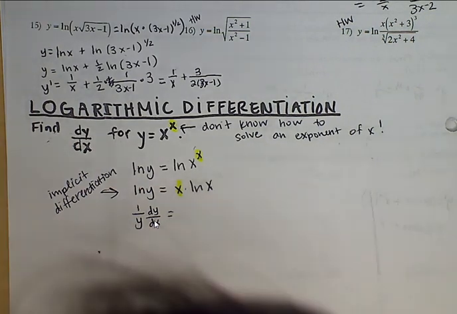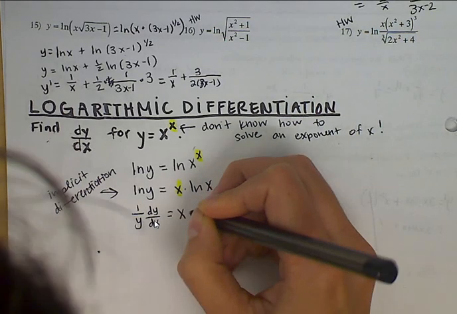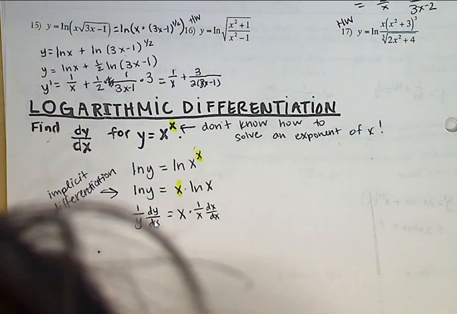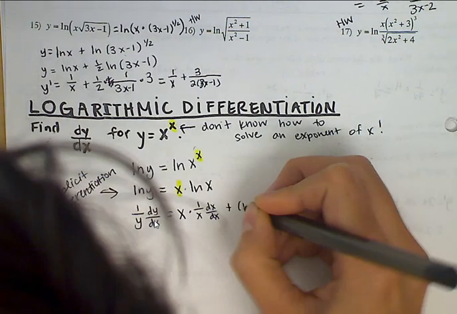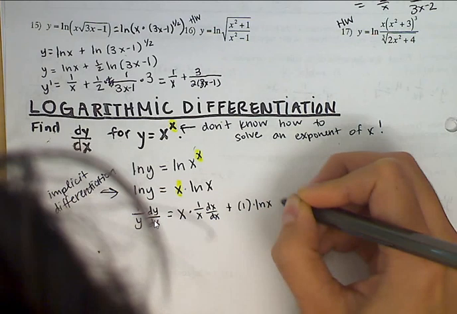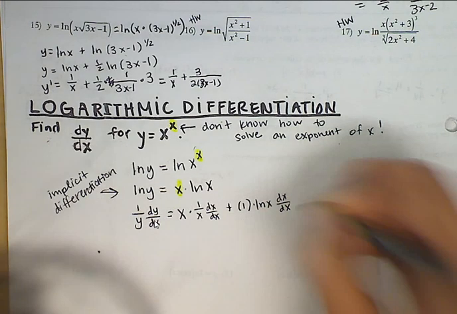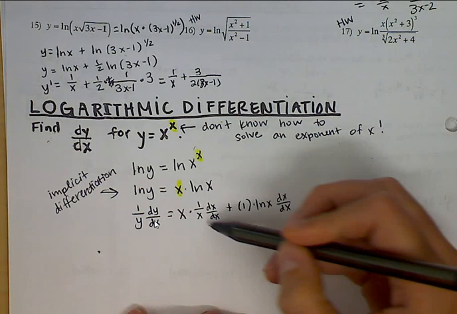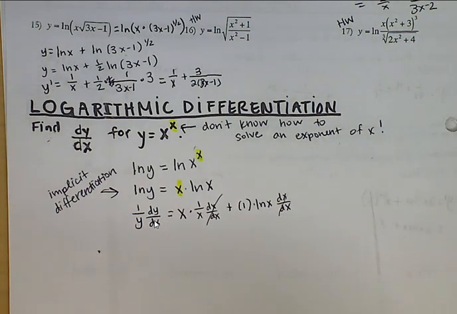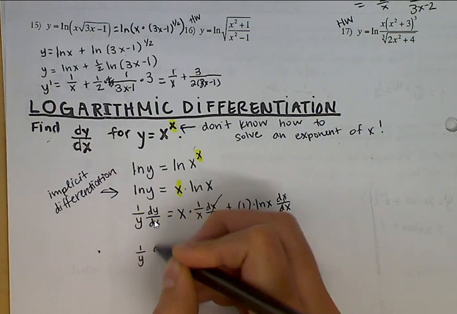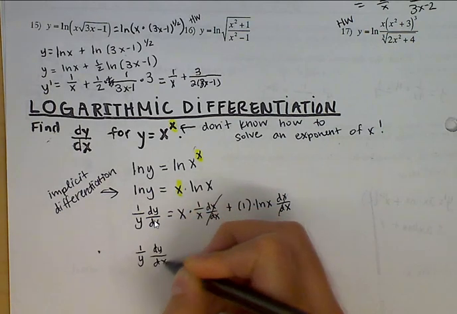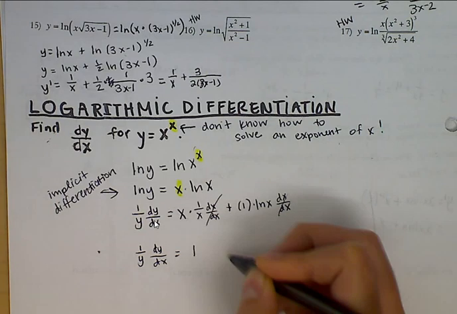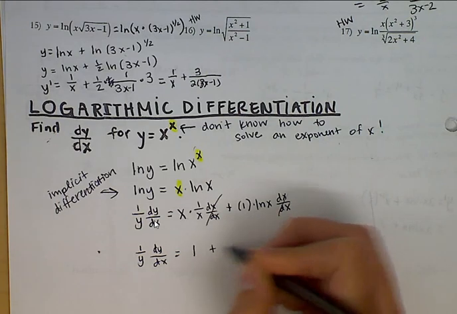So I have x times 1 over x dx, plus 1 times ln of x dx. And my dx's go away. So I have 1 over y dy dx equals, this just goes to 1, and this goes to ln of x.